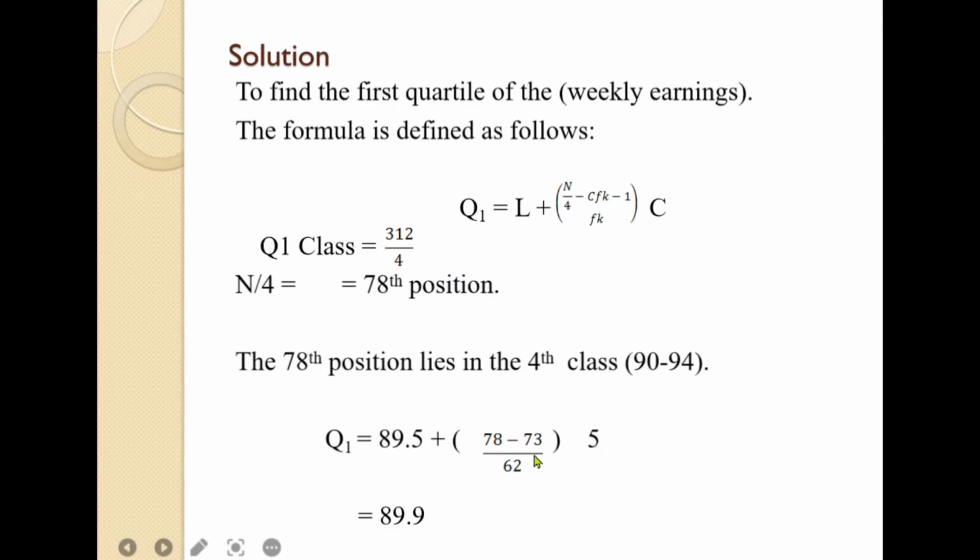So solving this mathematically, we have 78 minus 73, which is 5, over 62, multiplied by 5, then we add it to 89.5, and that is how we got 89.9. Please take note: when solving this question, you solve everything in the bracket before you add it to the baseline that is given.